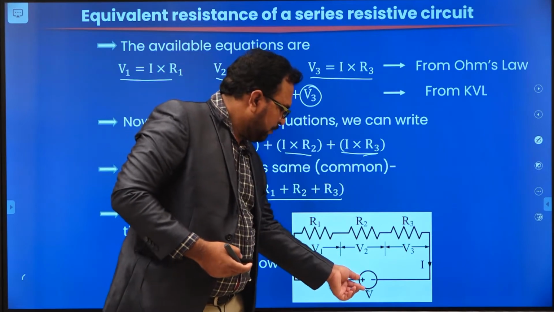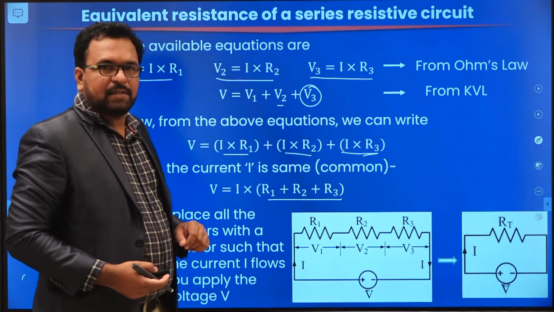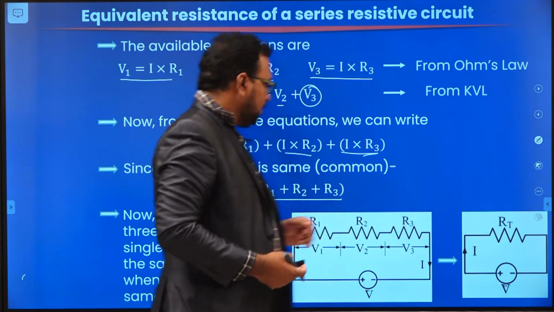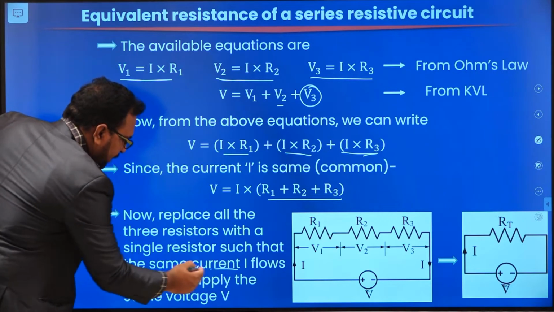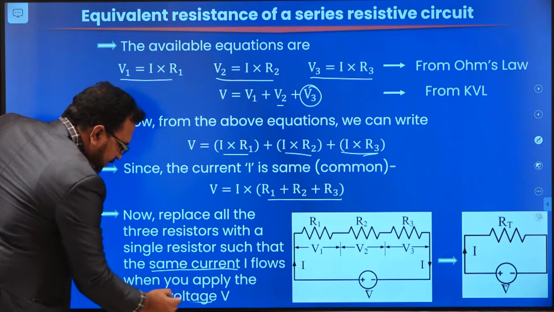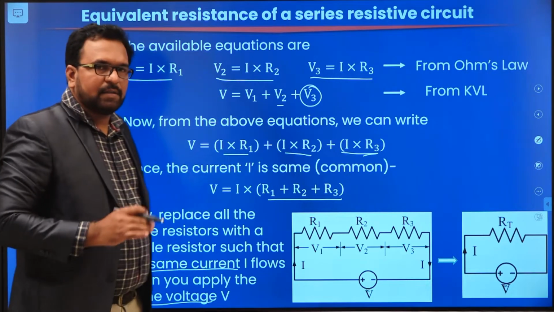So when you apply the same voltage, the same current will flow through the resistor. I am going to replace the same circuit with a single resistor, making sure that the same current flows when you apply the same voltage V. That means the circuit condition should not be altered.